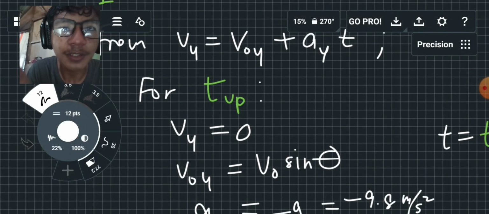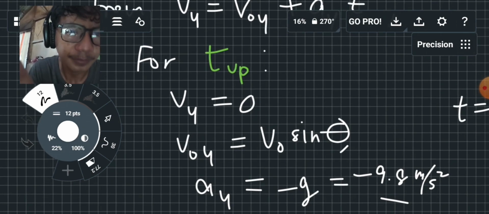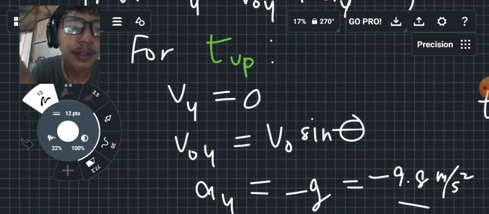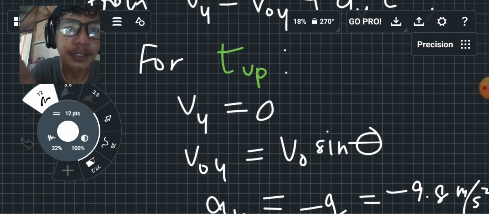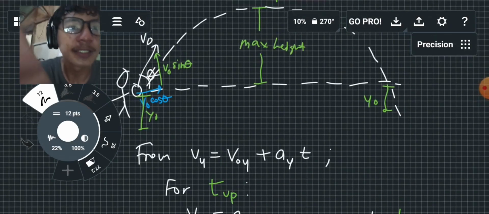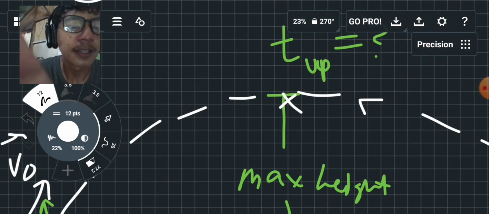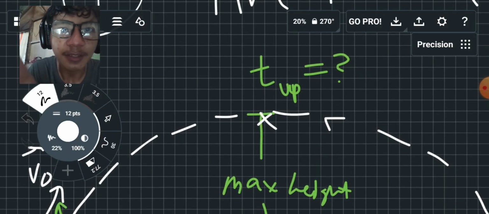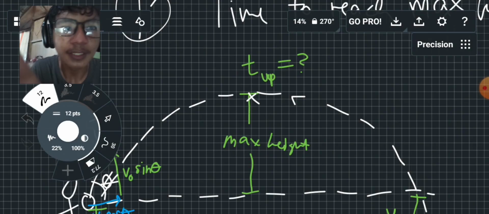So the conditions for t sub up are: the velocity at this specific time is zero, because it is at its peak. The object is not moving, so its velocity is zero.